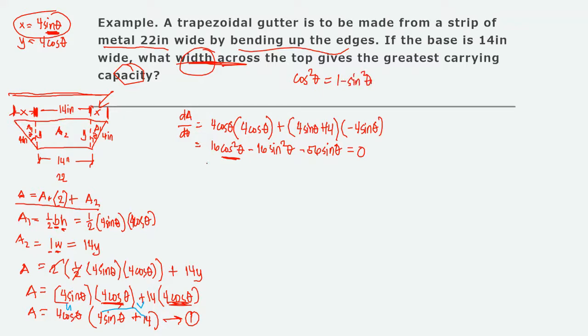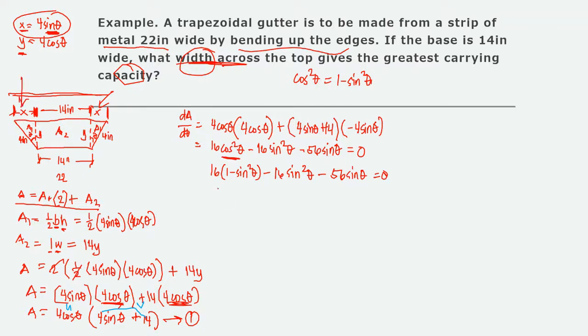So from that, we can replace that here, which would give us 16 times 1 minus sine squared theta minus 16 sine squared theta minus 56 sine theta. So as you can see, all our trigonometric functions are in terms of sine, so that it would be easy for us to find the value of x. We don't need to find the value of y because we are only looking for the width across the top.